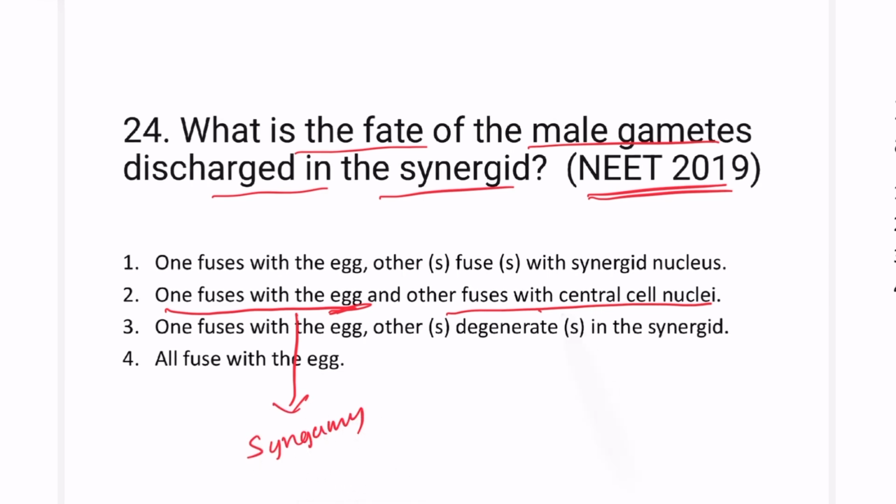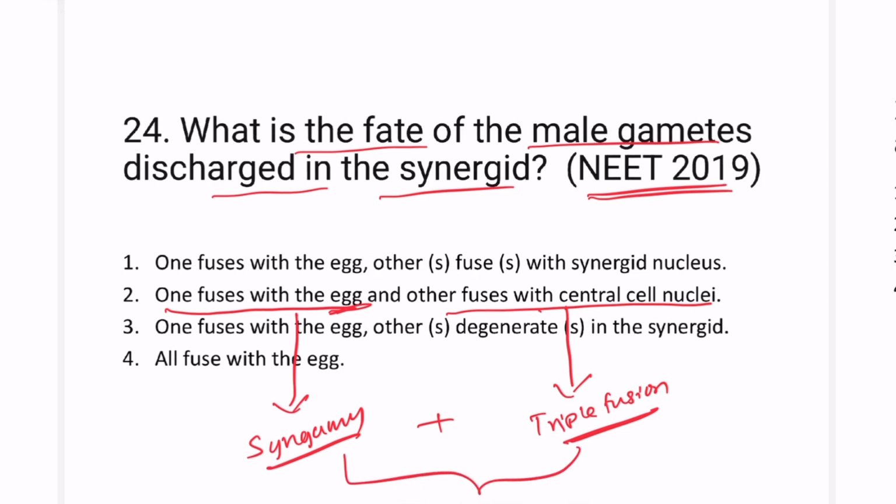And when it fuses with the central cell nuclei, that is called triple fusion. So syngamy is one type of fertilization and triple fusion is another type of fertilization. Together we describe this process as double fertilization, and this double fertilization is a characteristic feature of angiosperms.